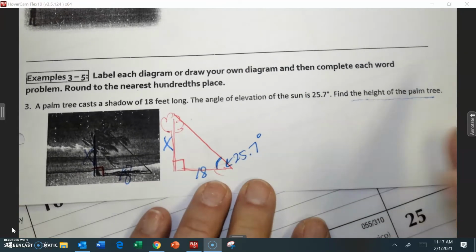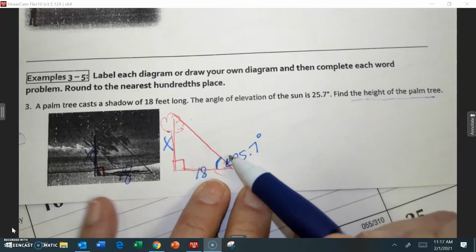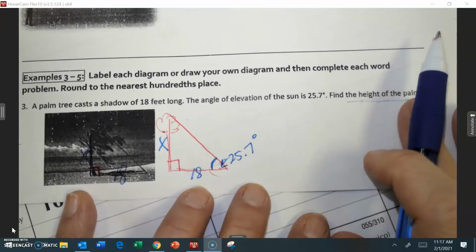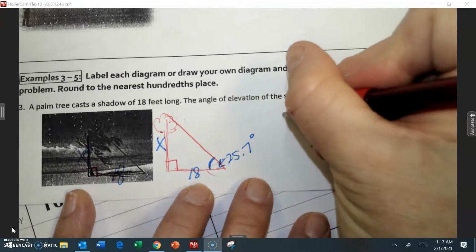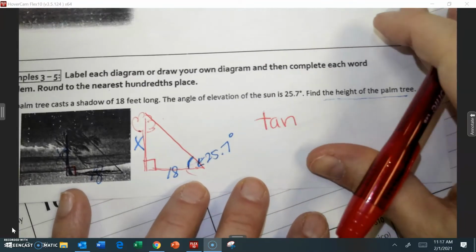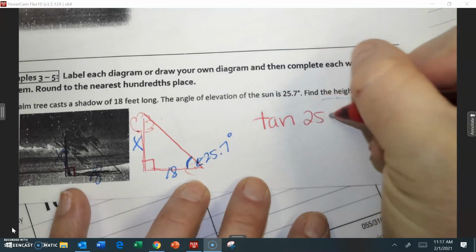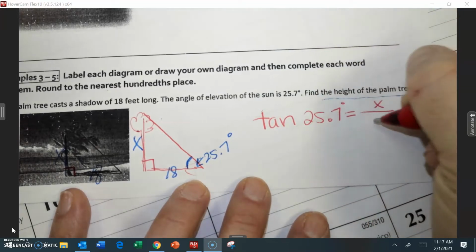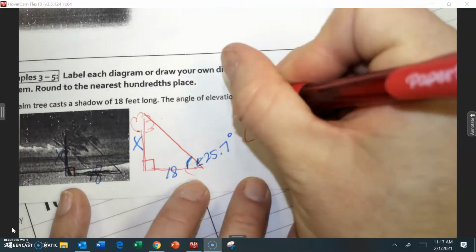And so if you think about it, from this angle, we're looking for opposite, and we know adjacent. So that sounds just like the tangent function. So we can set up the tangent of 25.7 degrees equals opposite over adjacent.